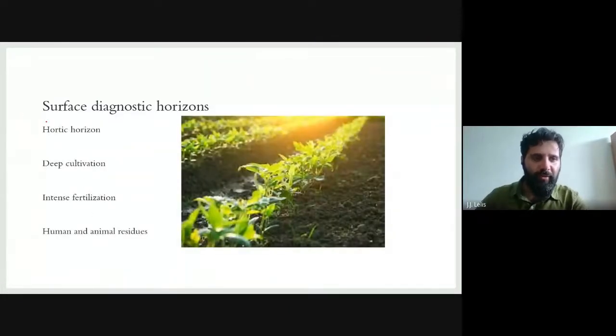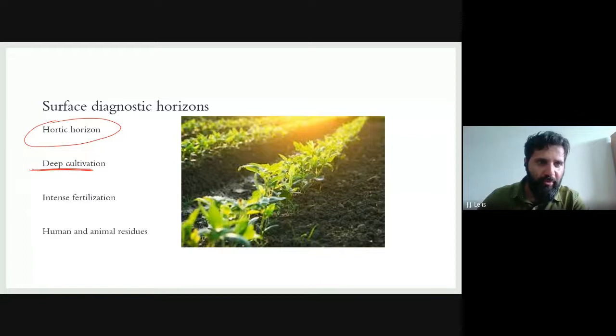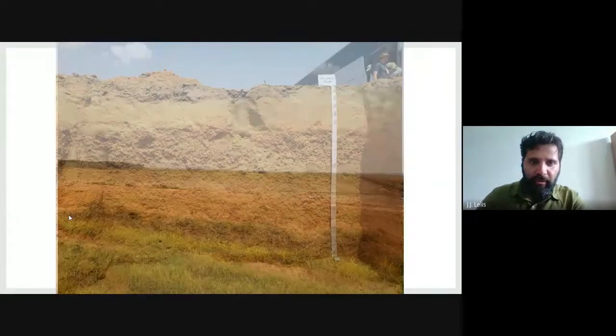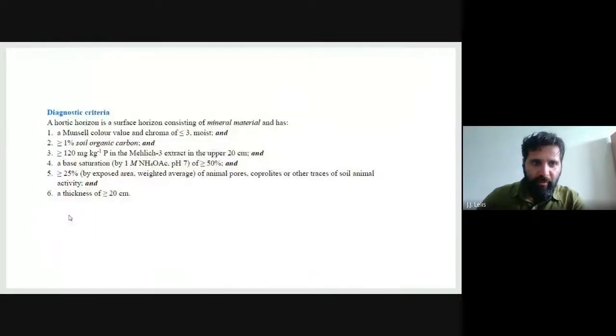Okay, the anthric horizon. The anthric horizon is a horizon that's formed by deep cultivation, intense addition of organic and mineral materials by humans. So in this case, we can see that the Munsell value and chroma should be equal to or lower than 3.